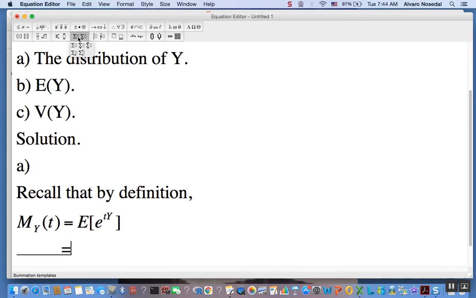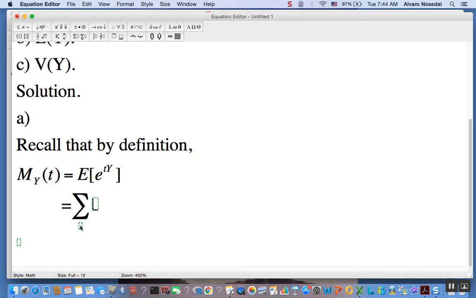That could be useful because what we want here is that PMF. So we have the sum for all y's of this transformation times the probability that the random variable y equals a particular value, lowercase y. Make sense? That could be useful.